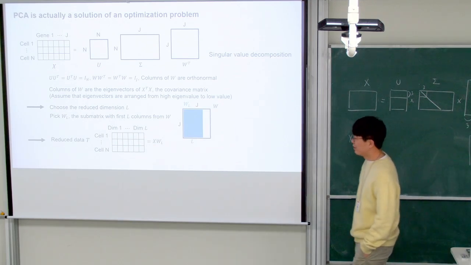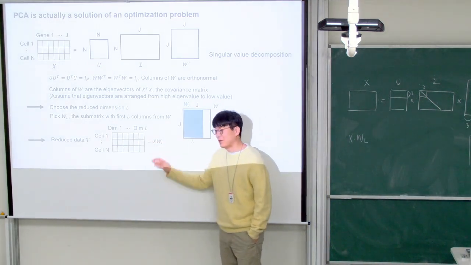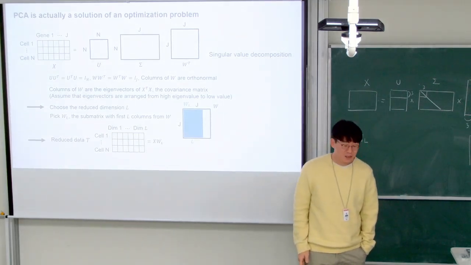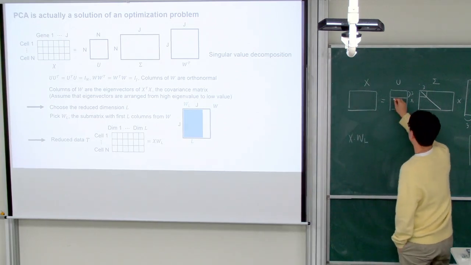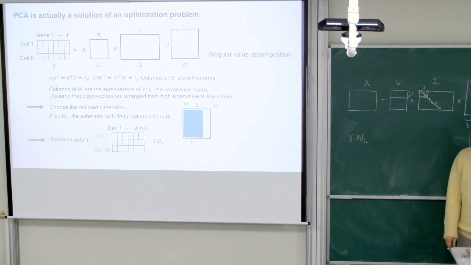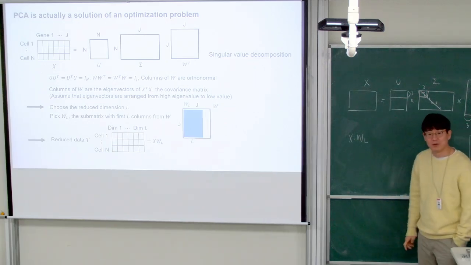So although people say PCA is X times omega L, the result of X omega L is this: in the singular values, the diagonal components are decreasing, like 100, 10, 1, 0.1. Among these, we select the important diagonal block and only look at that part.